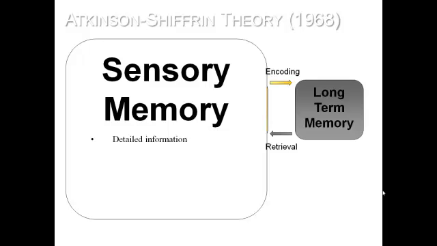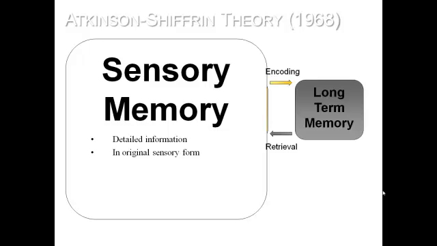What is sensory memory? Sensory memory is very detailed information. Basically, with your sensory memory, you actually remember everything in its original sensory form. Especially when we get to the topic of sensation and perception, we have sense organs regarding hearing and vision and whatnot that allow us to take in information from the environment and process it.